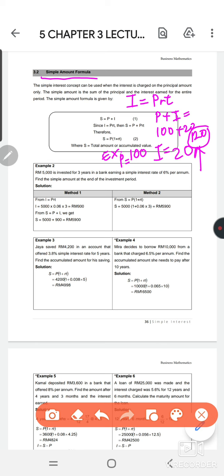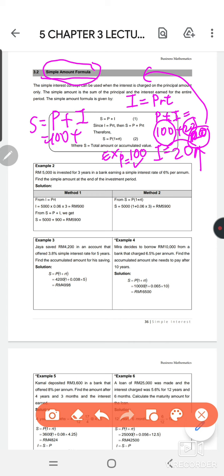Okay, it means here, say you borrow RM100 and then they charge interest RM20. So in the end you have to pay 120. Okay, this value of 120 is the simple amount, so we call it the simple amount formula. So it means that to get the simple amount, you just add P plus I. P means the original value, for example in this example 100, and then you add the interest, which is 20.